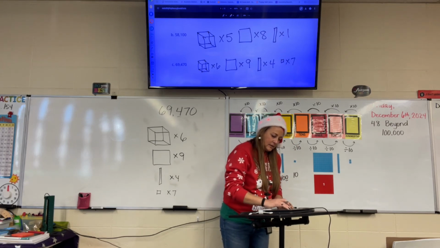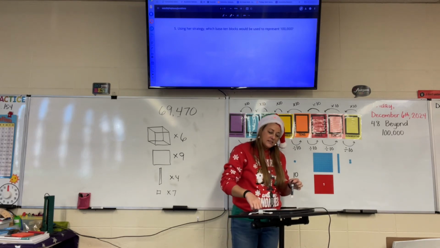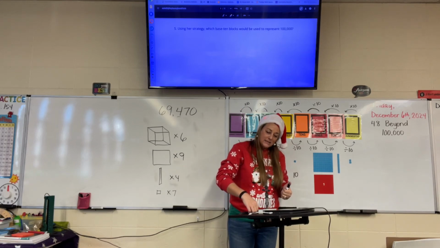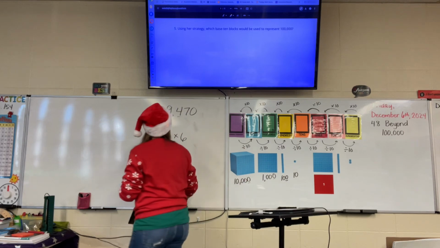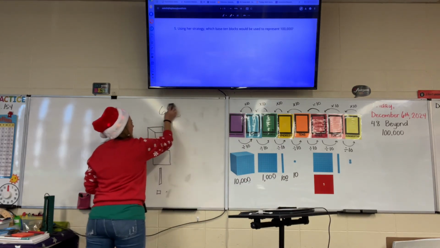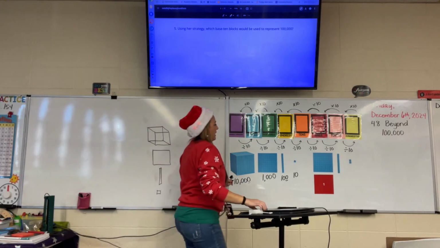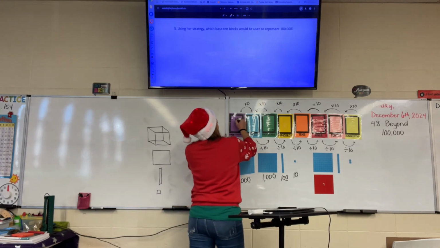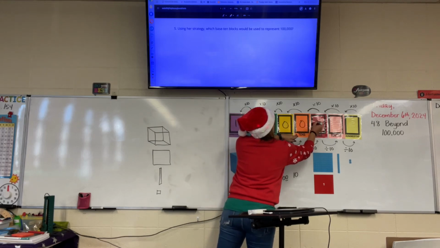All right. Next page. That page says, using her strategy, which base 10 blocks would you use to represent 100,000? I want us to figure out how many of each we would need to make 100,000.